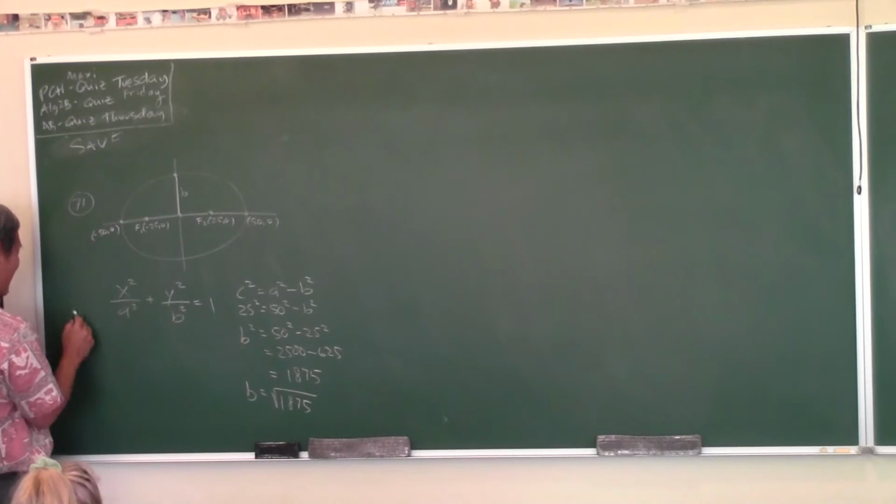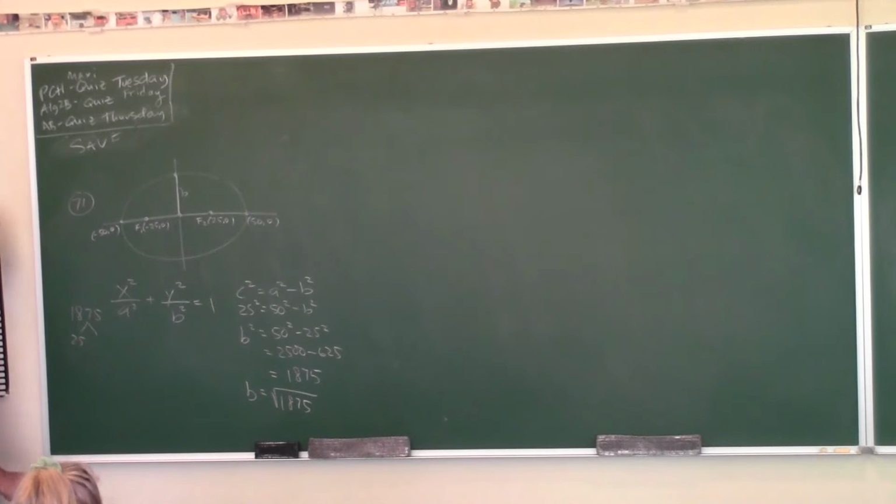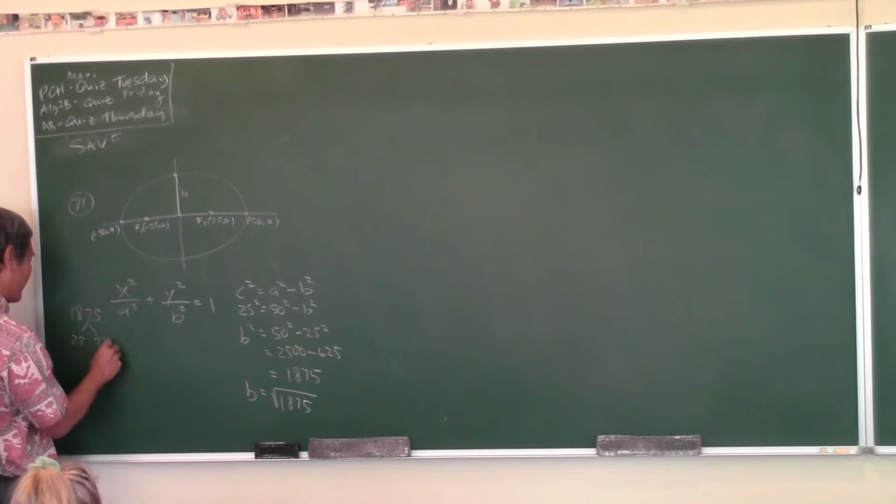Well, how do you simplify that? Well, 1875, I know 25 can go into that, right? You know how you can tell 25 goes into a number? Just look at the last 2 digits. Can 25 go into 75? Yes, sir. Okay, so 25 goes into 1875 how many times? I'll tell you, 75.